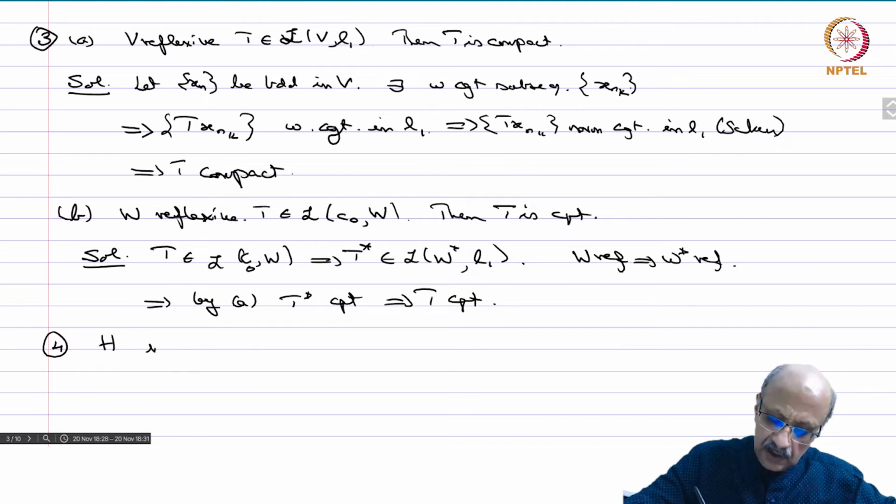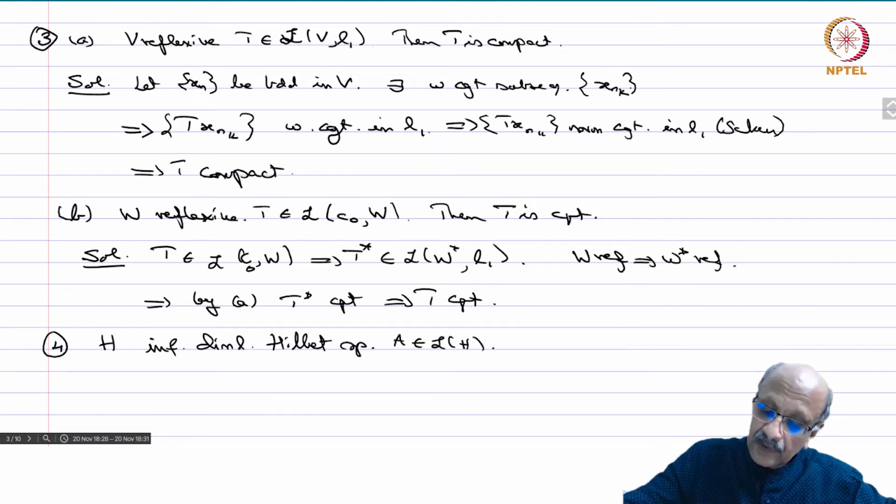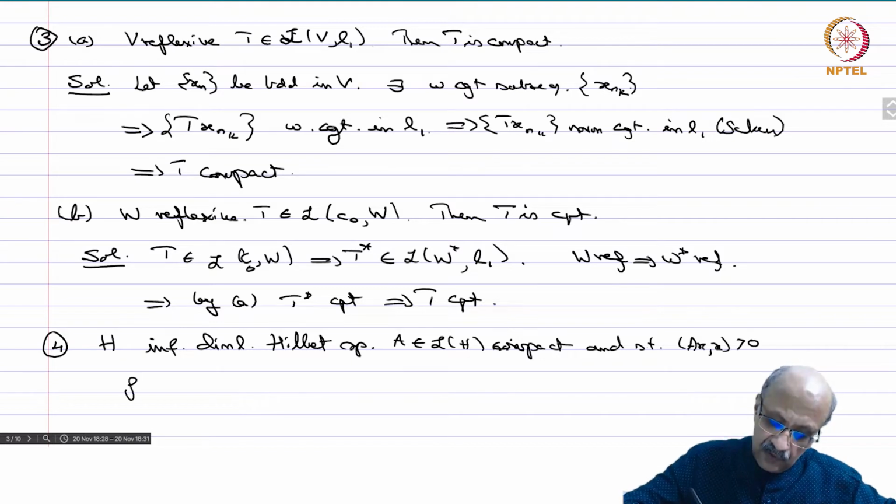4. H infinite dimensional Hilbert space, A in L(H) compact and such that (Ax,x) is strictly positive for x not equal to 0.